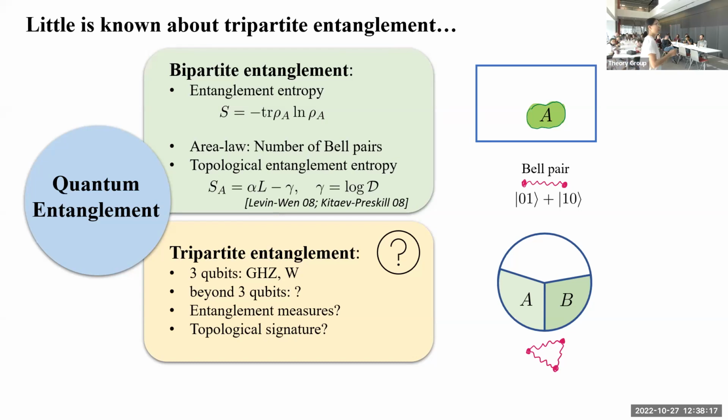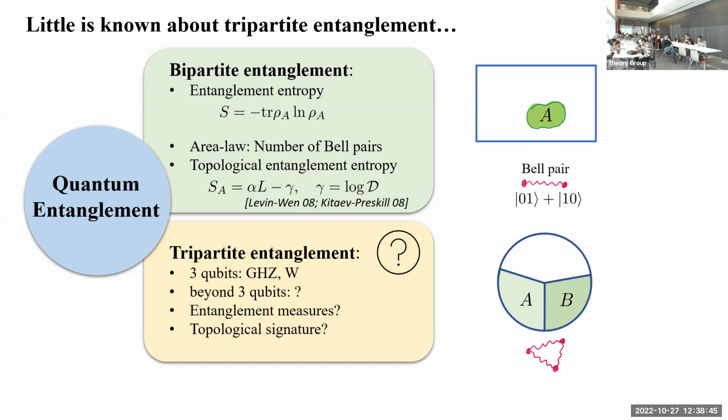Here the green line is the so-called boundary. As I mentioned before, when we do the computation on a topologically ordered system, we get the topological piece. So we can also ask similar questions when we consider tripartite entanglement.